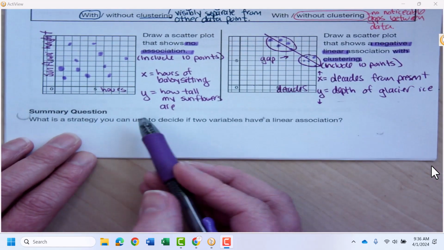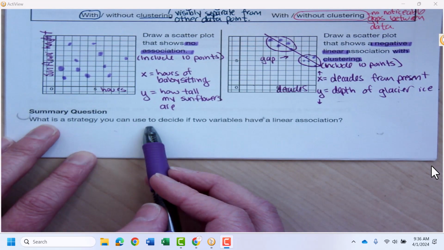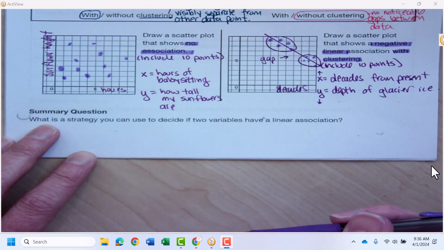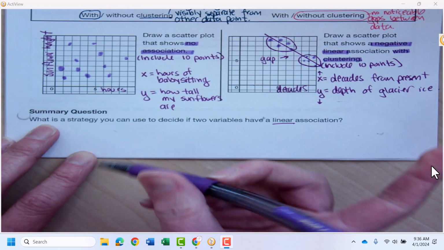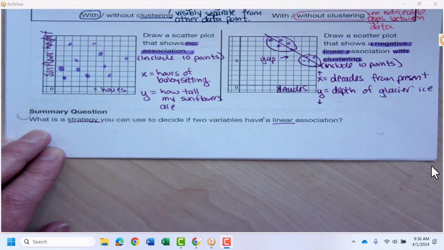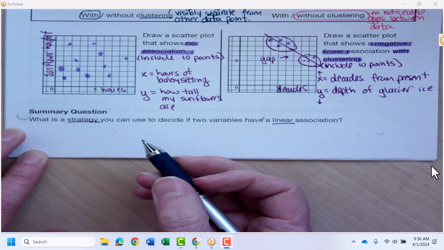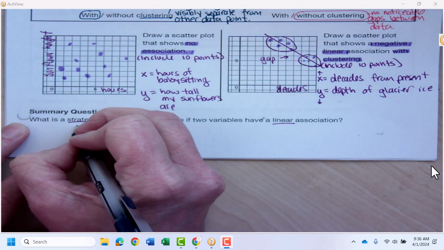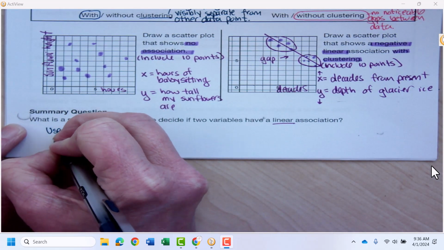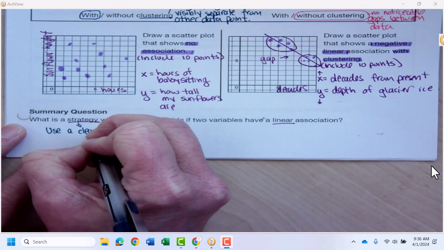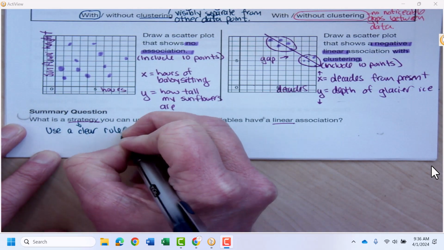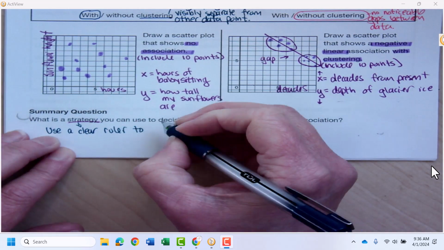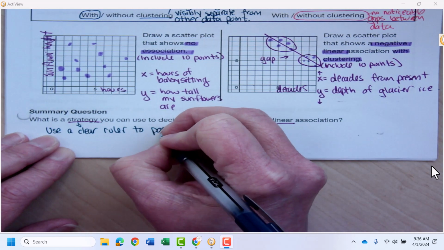All right, well, to finish up, what's a strategy you can use to decide if two variables have a linear association? Well, the strategy I would suggest is what I mentioned earlier. Use a clear ruler to see if you can position a line through the middle of all the data values. To position a line of fit.